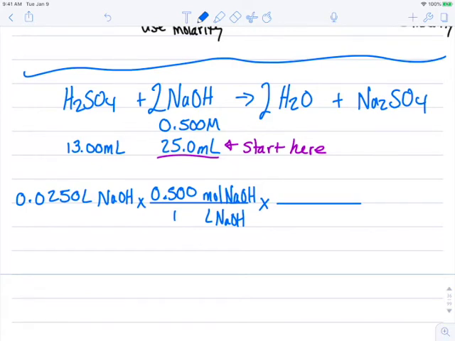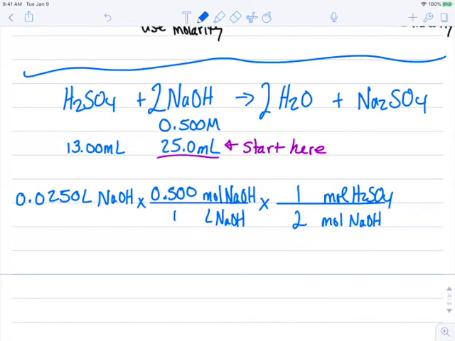Now, if you had to guess, what do you think comes next? Mole to mole ratio, excellent. So I'm going to put moles of NaOH on the bottom, and we will have the moles of H2SO4 on the top. How many moles of NaOH? 2. And how many moles of H2SO4? 1. Now here is the part where I recommend doing it just slightly different than the other one.